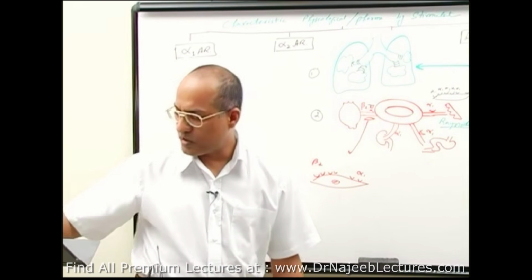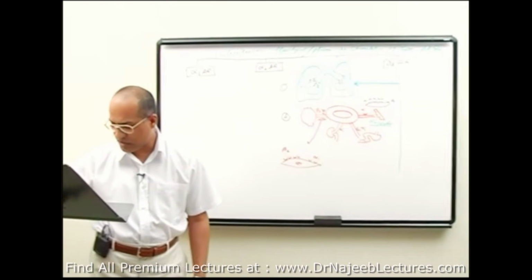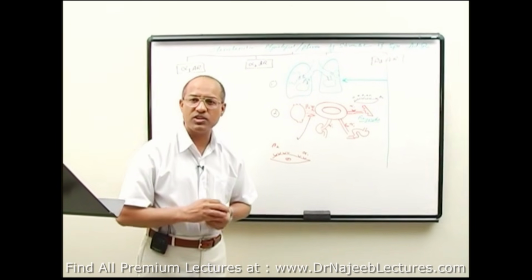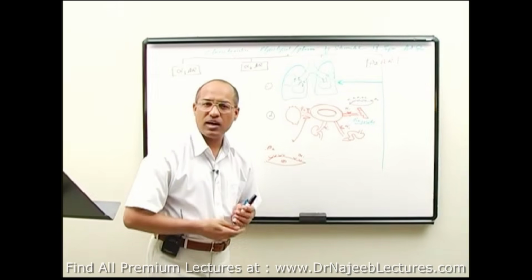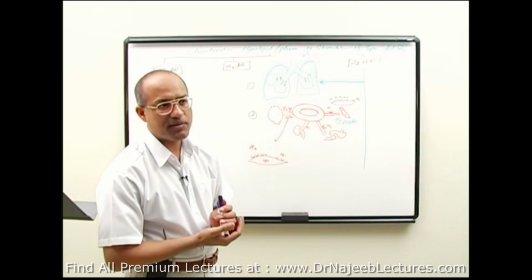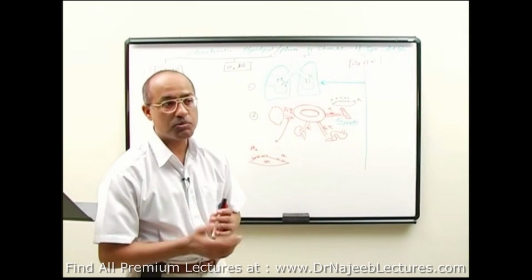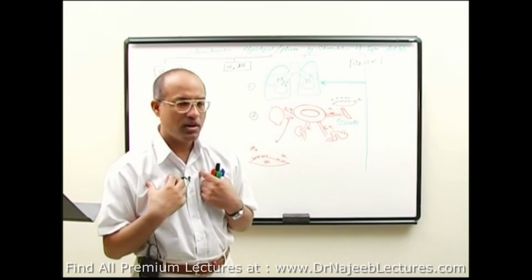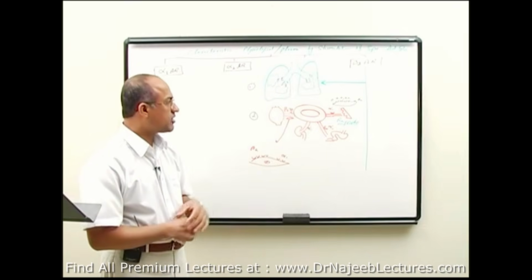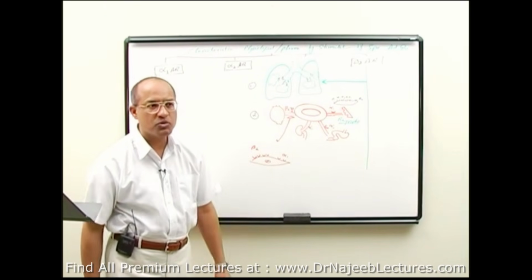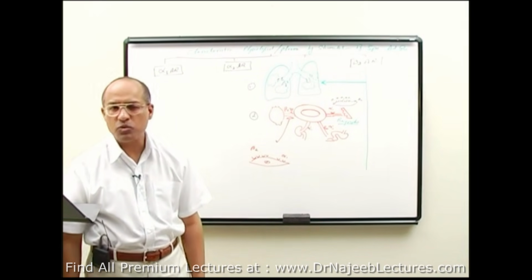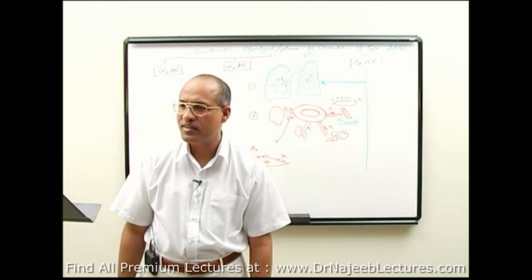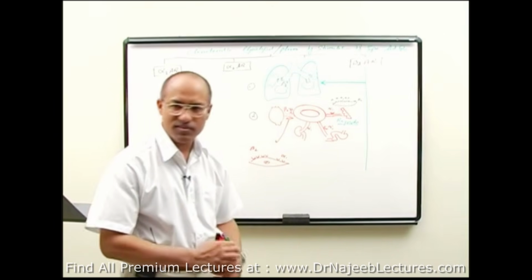Then, so you know beta-2 actions, the ones which we have learned up to now. Yeah, there is another smooth muscle which also has beta-2 receptors. Up to now we have said beta-2 receptors are present abundantly on bronchial smooth muscle and on the vascular smooth muscle, and beta-2 receptors are present also on the myometrium of the pregnant uterus.